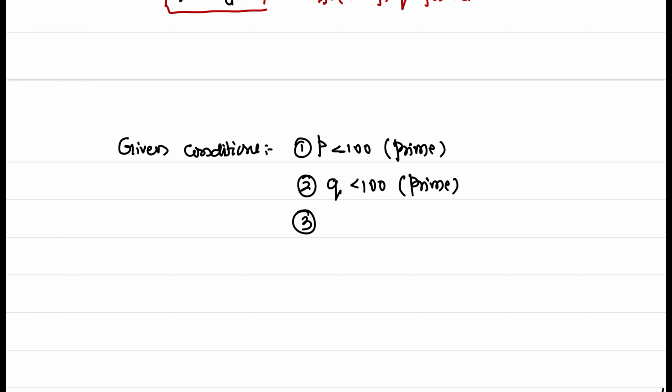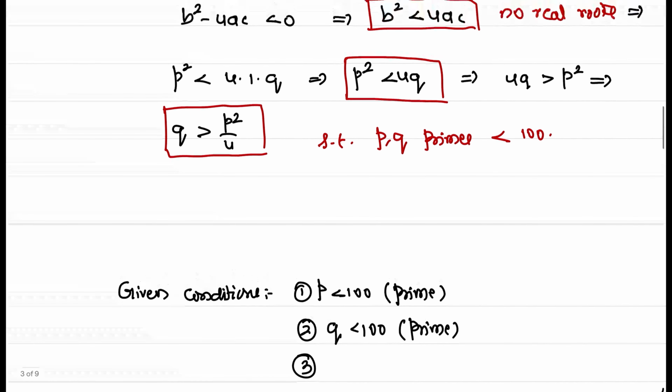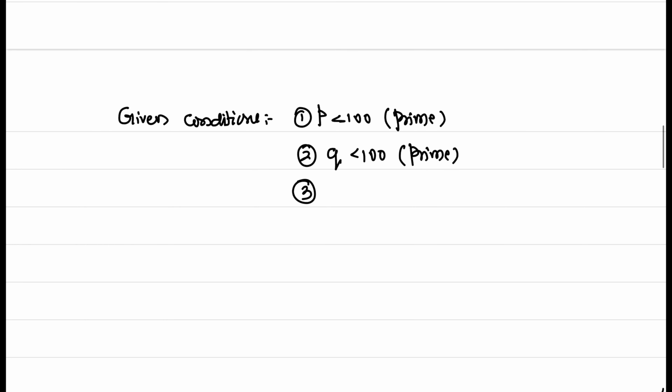And third, most important, from the equation P square is less than 4Q. And P and Q are prime. Let us say, what are the primes less than 100?